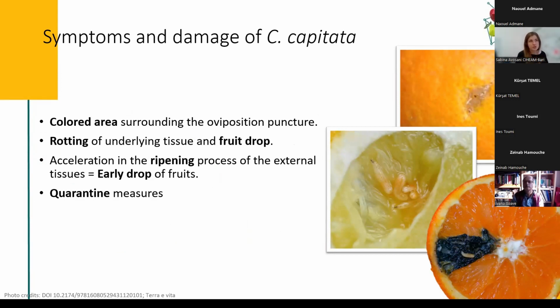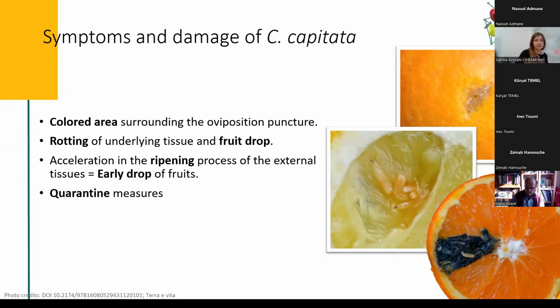As you can see in the picture, there is a colored area where there is the scar of the oviposition puncture, and the feeding of the larvae inside the fruit can cause the rotting of the underlying tissues, because you have also secondary infections of fungi and bacteria. And due to the acceleration of the ripening process of the external tissues, you can have also an early drop of a large amount of fruits.